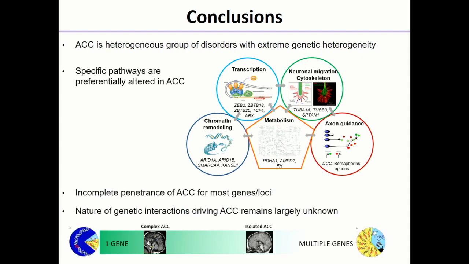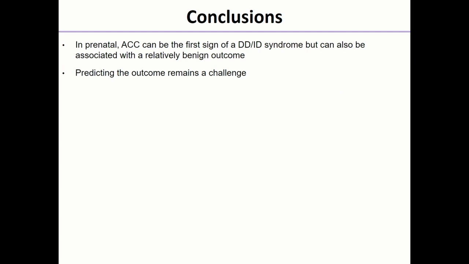The penetrance of ACC is mostly incomplete for most genes and loci, and the nature of the modifiers, the genetic interactions driving the phenotype, remains largely unknown, so we have a lot to do. We think that complex agenesis of the corpus callosum is mainly monogenic, while isolated ACC is probably more of a polygenic condition.